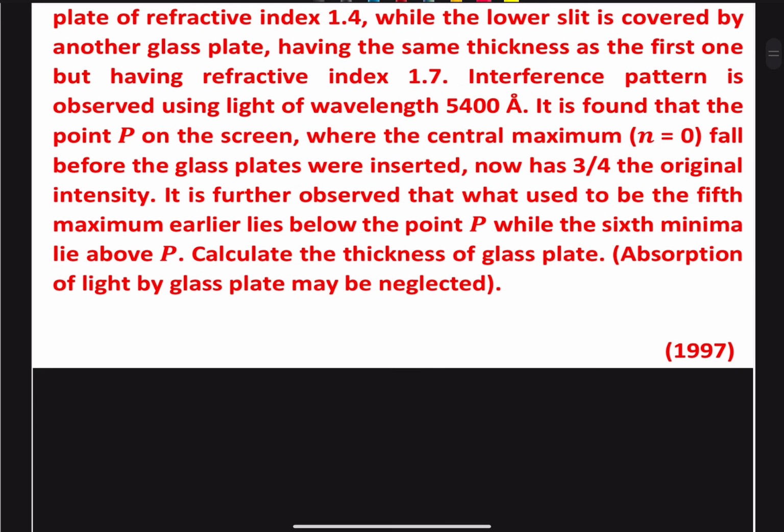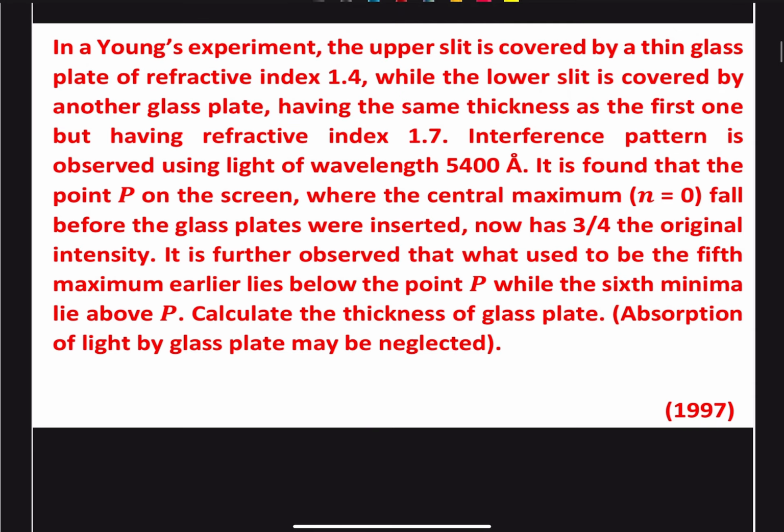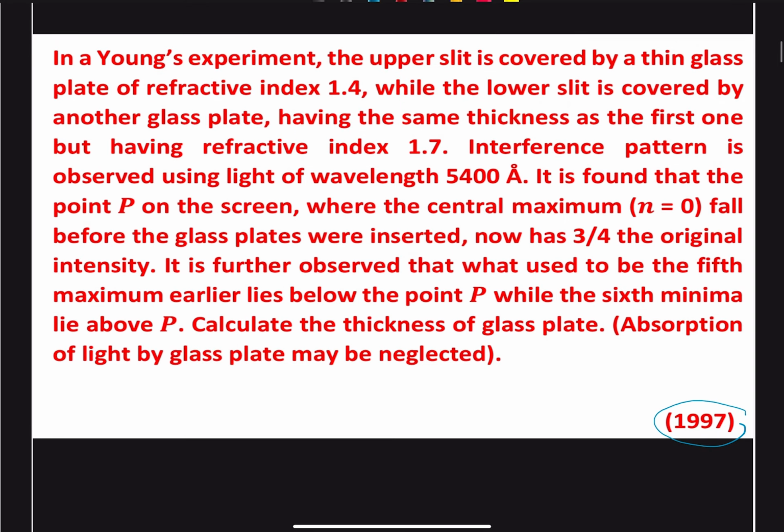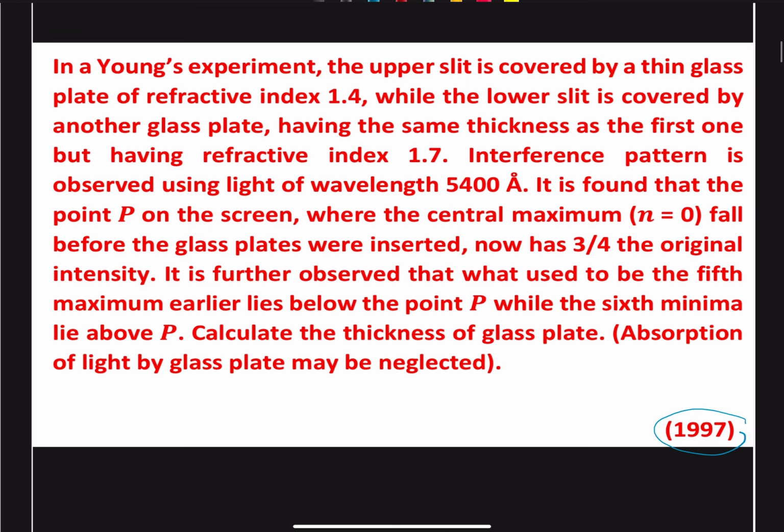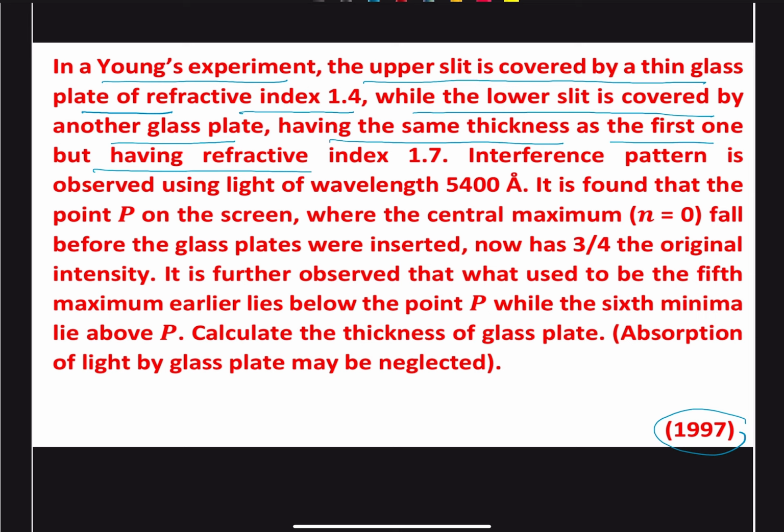We come to the next question, and here it was also asked in the year 1997, and it states that in Young's experiment the upper slit is covered by a thin glass plate of refractive index 1.4, while the lower slit is covered by another glass plate having the same thickness as the first one but having a refractive index of 1.7. Interference pattern is observed using a light of wavelength 5400 angstrom.